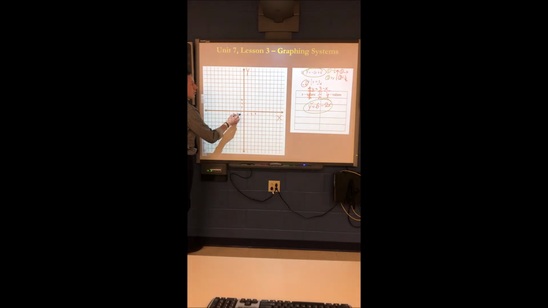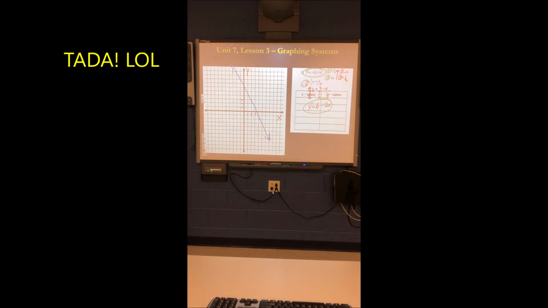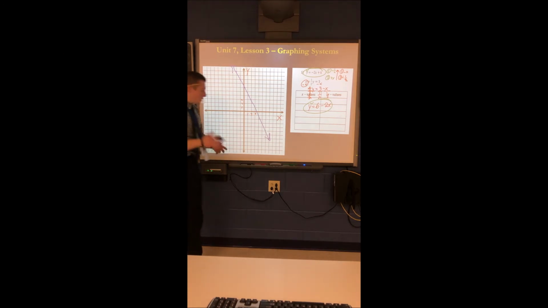The y-intercept is (0, 6), so that's where I'll start. The slope, the change in the y values, we're going down 2 and then over 1. Ta-da. We graphed a line. Again, this shouldn't be new for us.